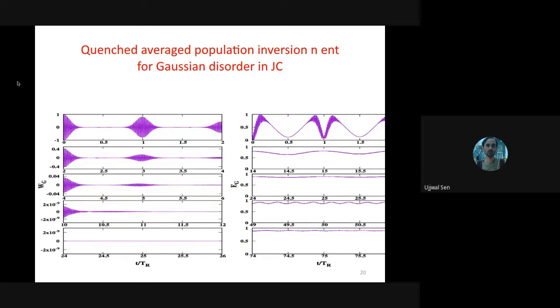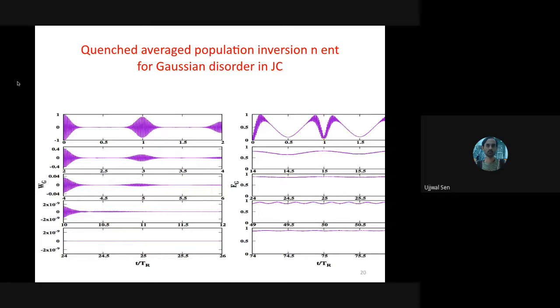where the distribution is Gaussian. Now, if you look at the left-hand side figure, look at the numbers on the y-axis, you will see that they become very small. For example, when the time is at 10, the vertical axis runs from -2 times 10 to the power minus 9 to 2 times 10 to the power minus 9. So these are very small numbers.